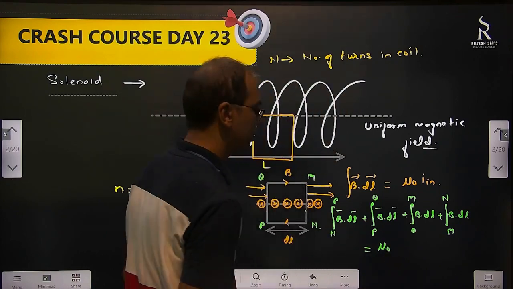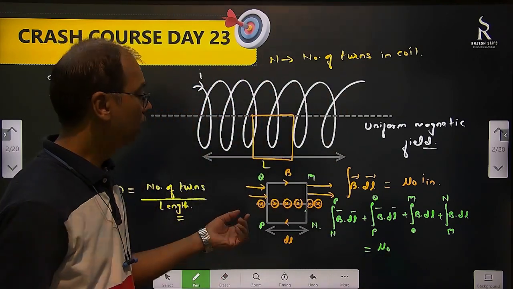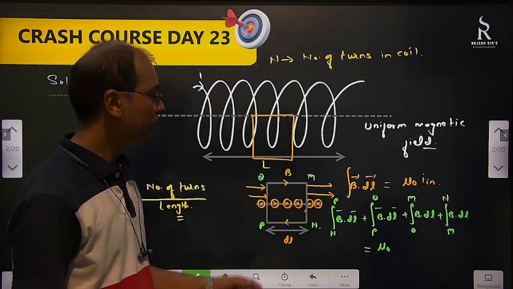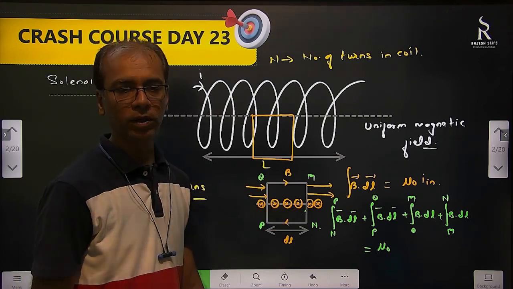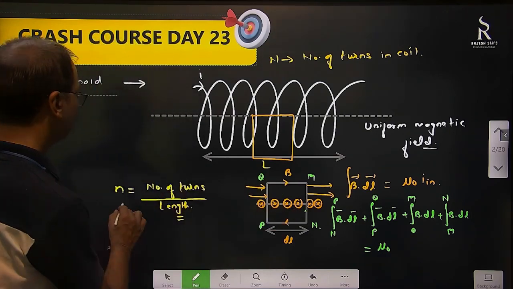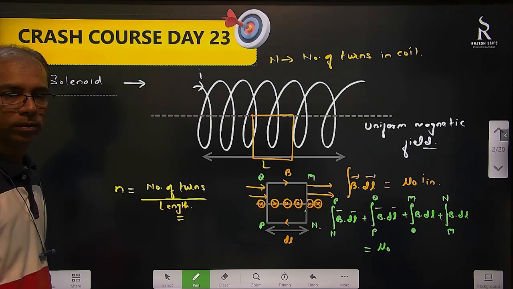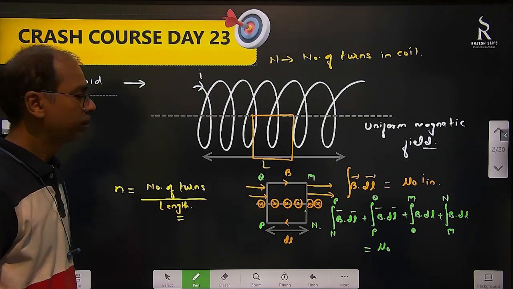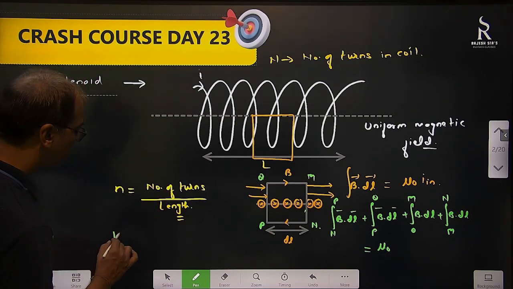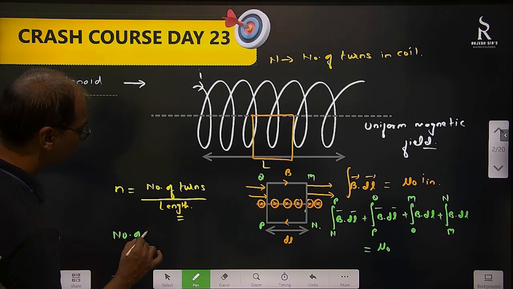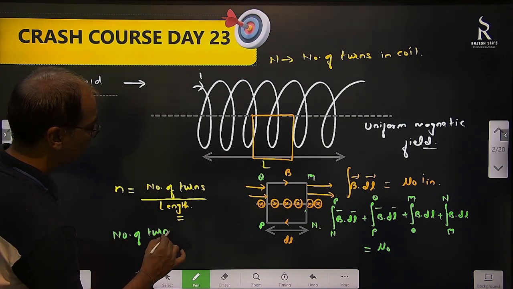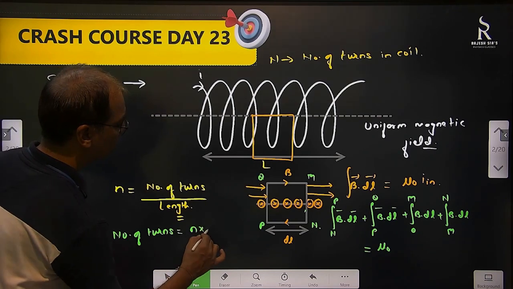Now the question is how much is I inside? So we need to know the number of turns. We already have said that n is equal to number of turns per unit length. So how many turns will be there? Number of turns is equal to n into length of solenoid.